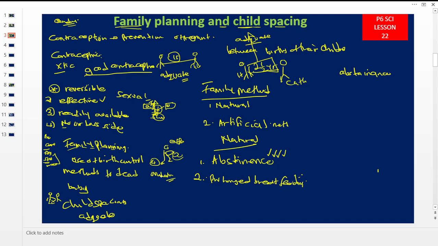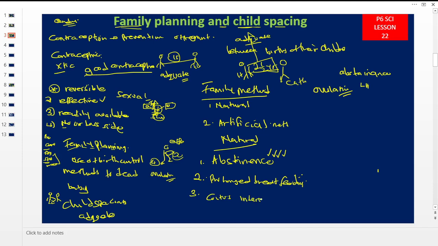I think you remember what we said about ovulation, that this is the process by which the ovary releases a mature ovum, by the help of luteinizing hormone. Now another one is what we call coitus interruptus.